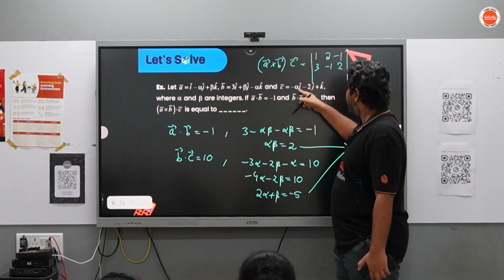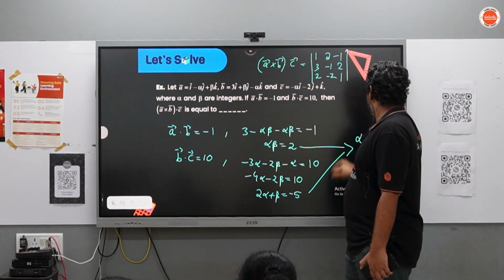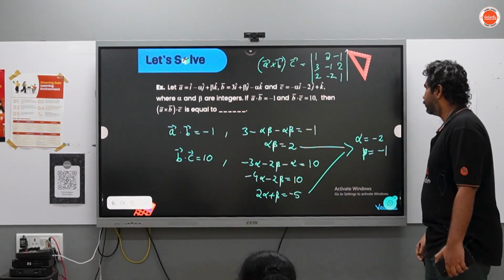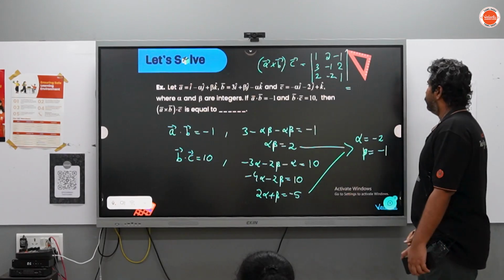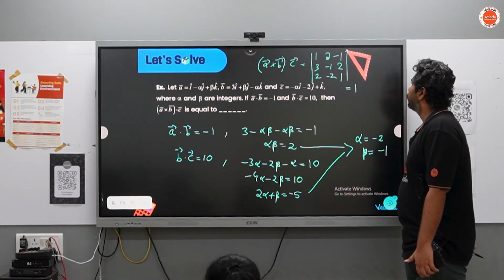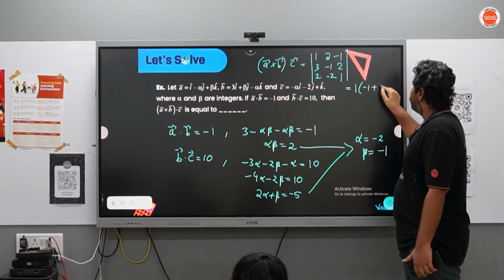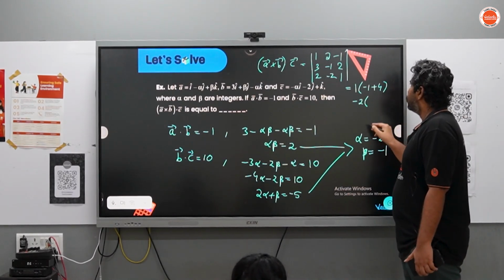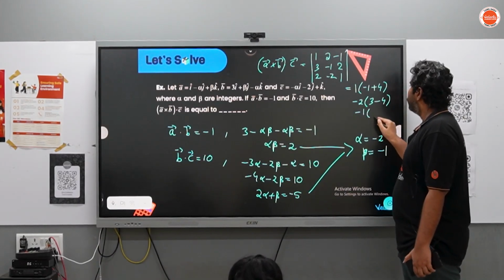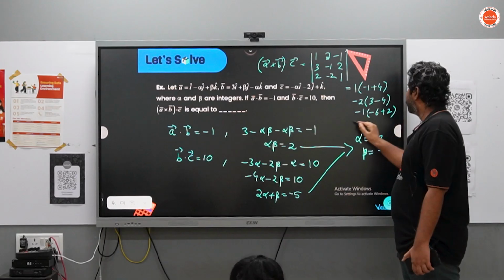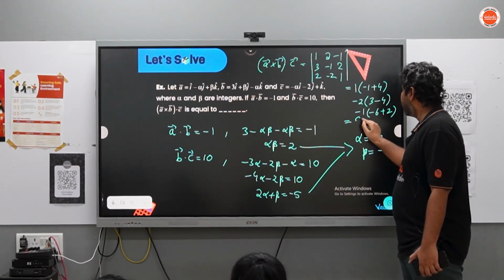C vector is going to be 2, -2, 1. So what do we have? -1 plus 4, -2 into 3 minus 4, -1 into -6 plus 2. So what is the answer? 9. Answer is 9.